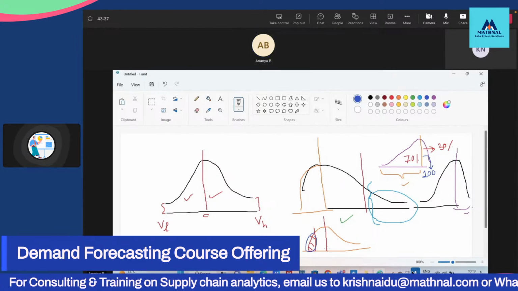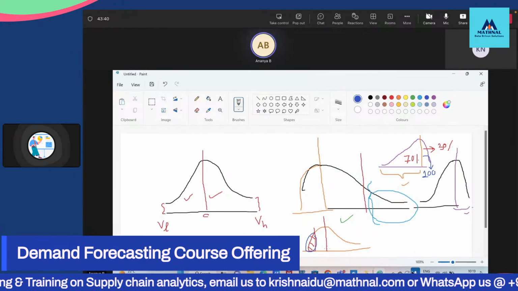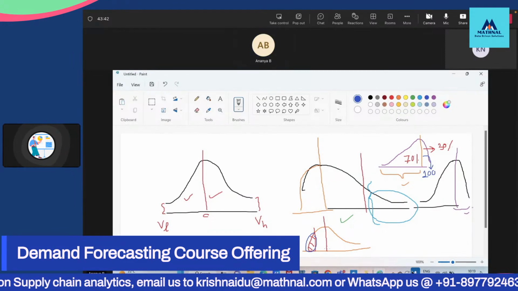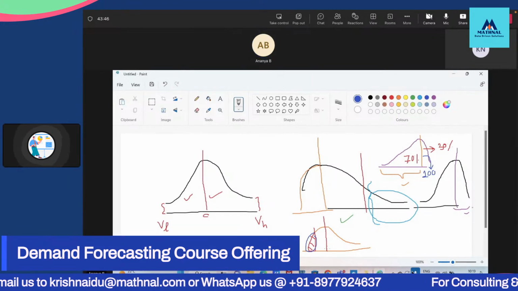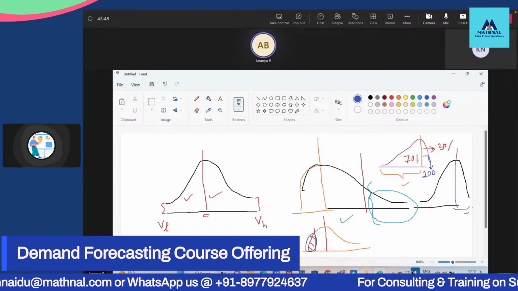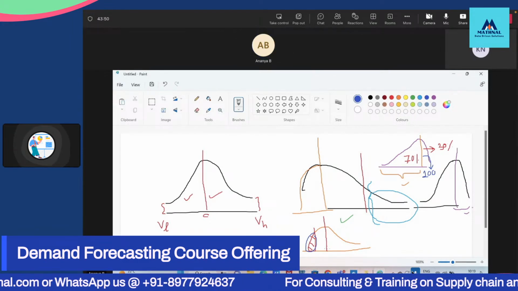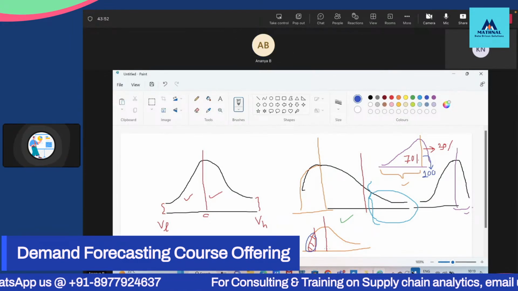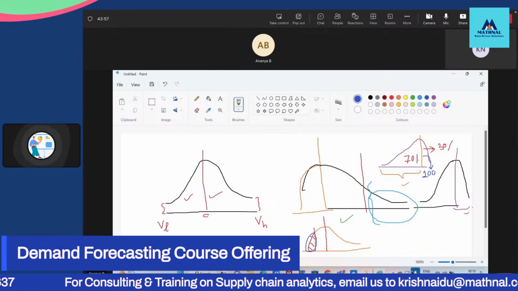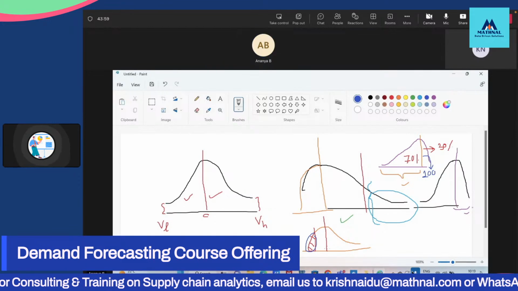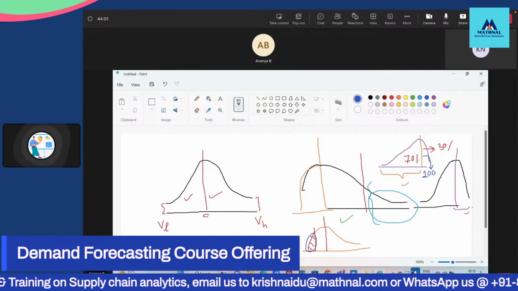If we do not have intermittent demand but there are some gaps in demand, we can replace them if we get approval from the sales and operation planning meeting. We have to tell the operations team there are a couple of missing demands, so can we put some minimal demand there?